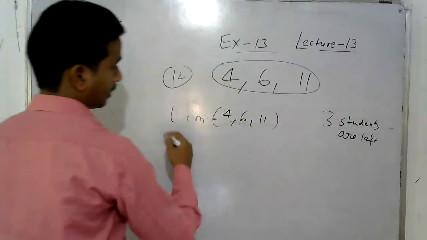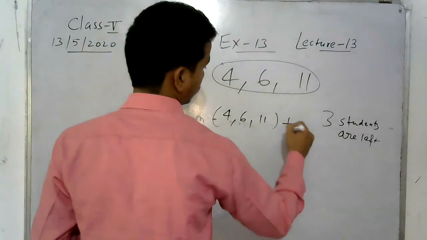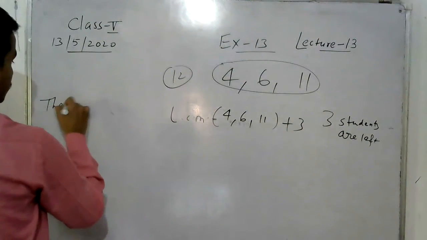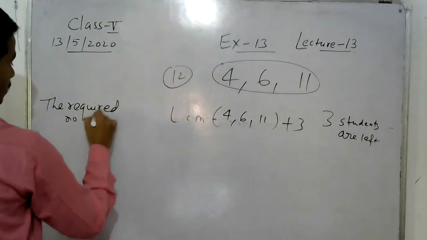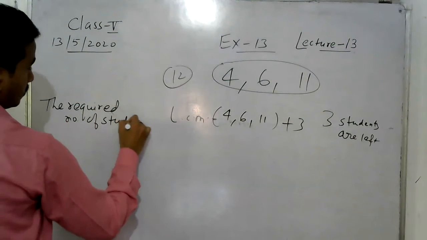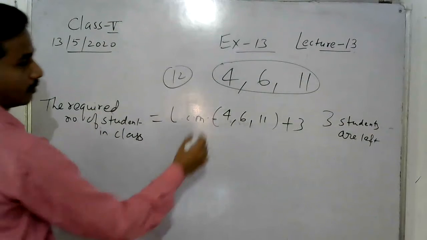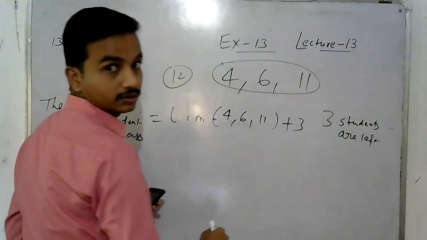Whatever LCM you get, add 3 to it, and then you will get the required number of students in the class.